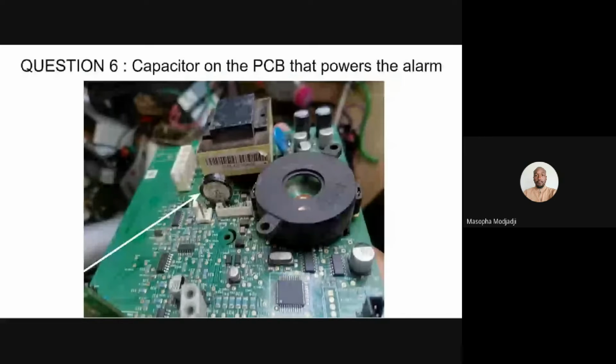The capacitor is the one shown in the image. You can test if the capacitor is fine using a multimeter by desoldering it from the PCB and setting the multimeter to read in the high ohms range, somewhere around 10K.